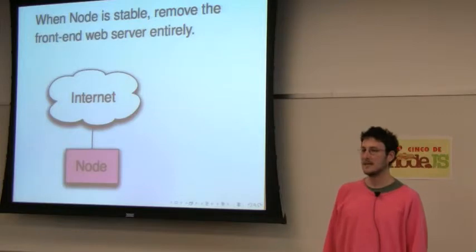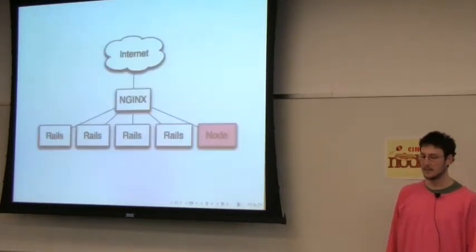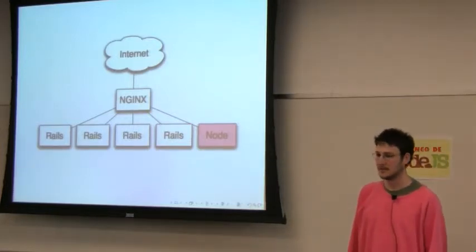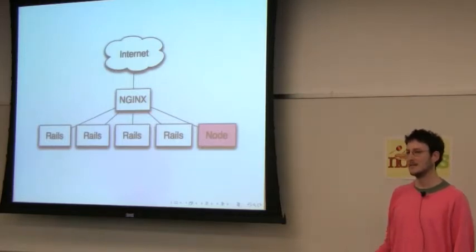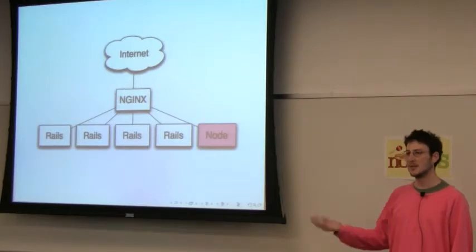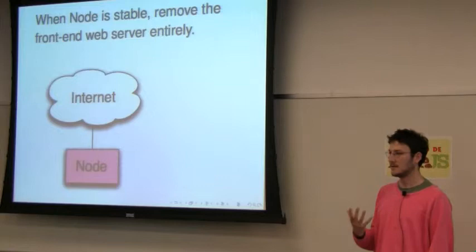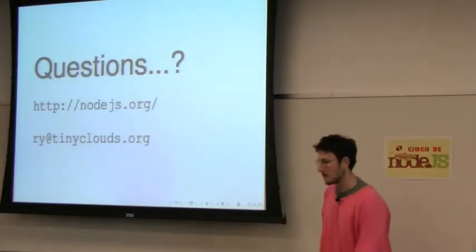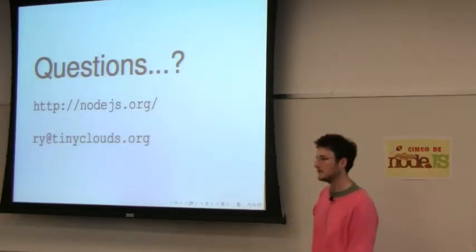But I think that this is possible. So that's a lot fewer moving pieces than this setup, right? If you can just spin up one process and it has the power to completely saturate your bandwidth in terms of responding with HTML, then that's a pretty big simplification of the web stack. So yeah, any questions? Yes?